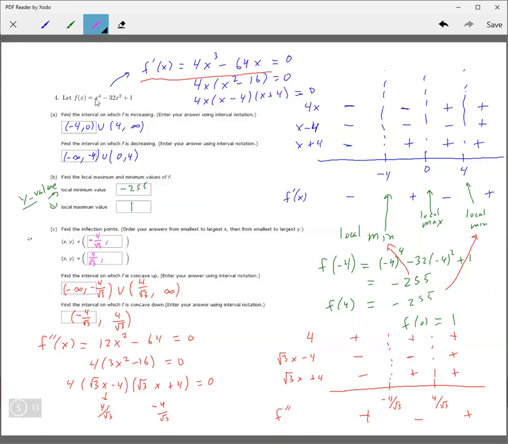To get that, you have to go back to the original function. Okay, and so f of negative 4 over root 3, ouch. So this is going to be negative 4 over root 3 to the 4th power minus 32 times negative 4 over root 3 squared plus 1, and that is, I calculated it, fortunately, negative 1271 over 9. Okay, so that's what's going to go there.